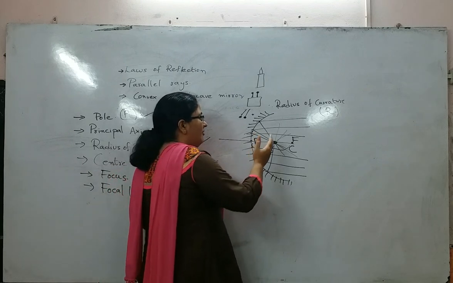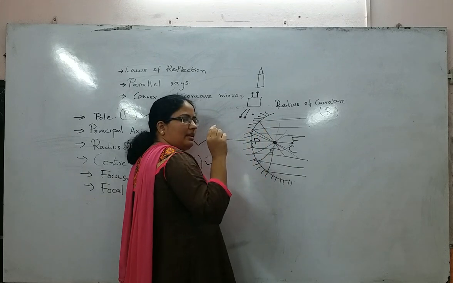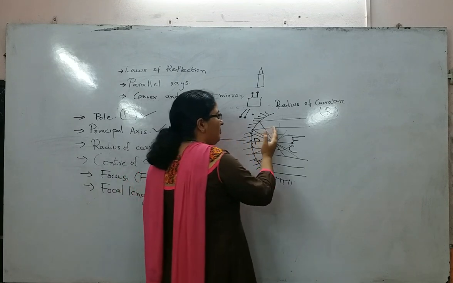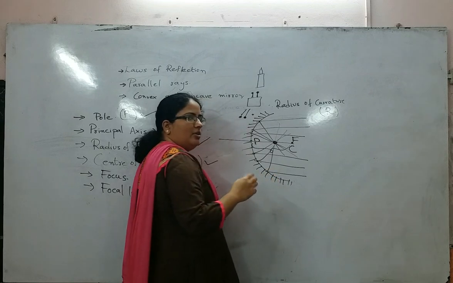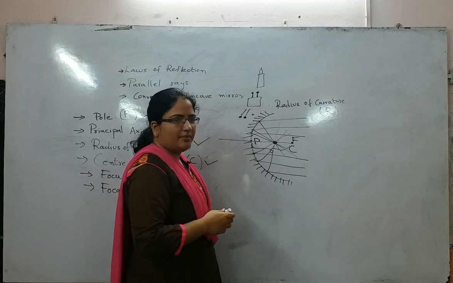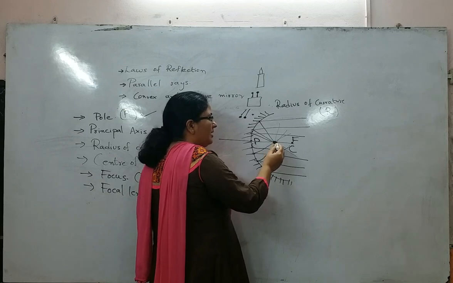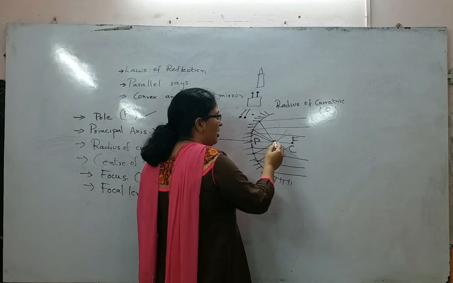Now, if you move that paper forward, you will see that the spot becomes smaller and smaller. At the same time, if you move the paper back behind the focus, you will get an enlarged image of the sun. So, at focus, you will get a clear bright spot, which is the image of the sun. So, this point is called the point of focus.